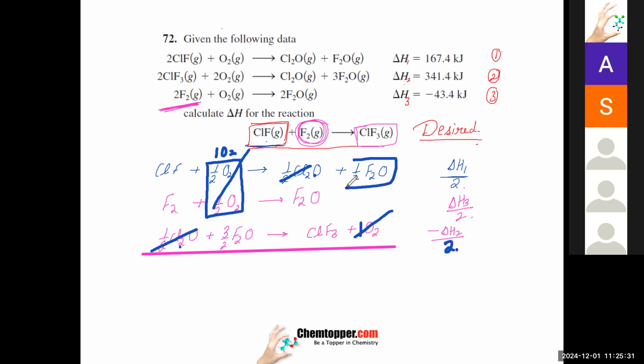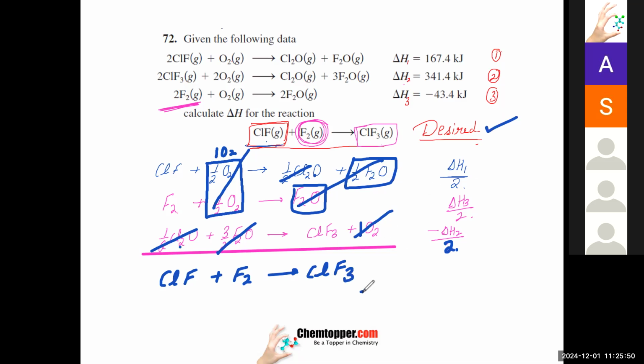Half F2O plus F2O is 3 by 2 F2O, isn't it? What is left? ClF plus F2 giving you ClF3. My desired equation is here.